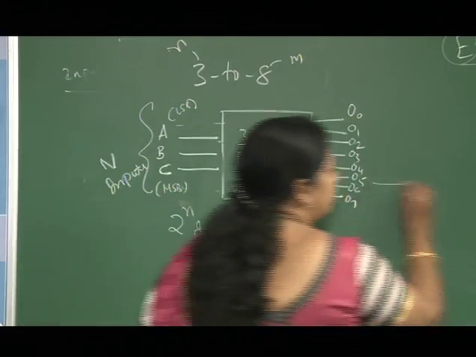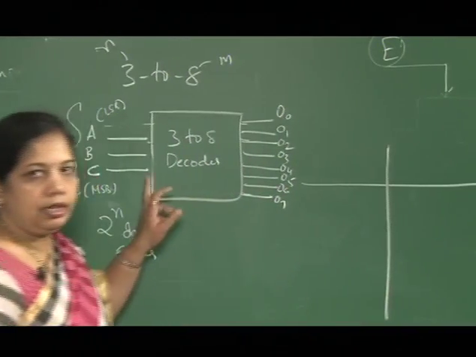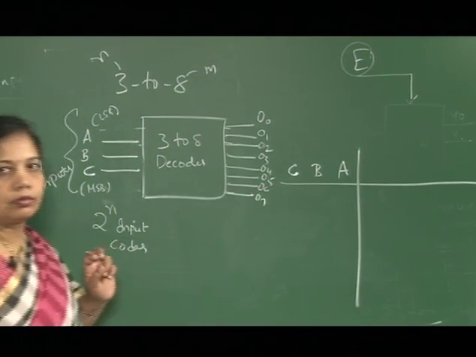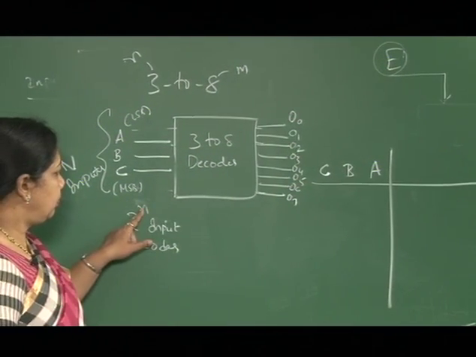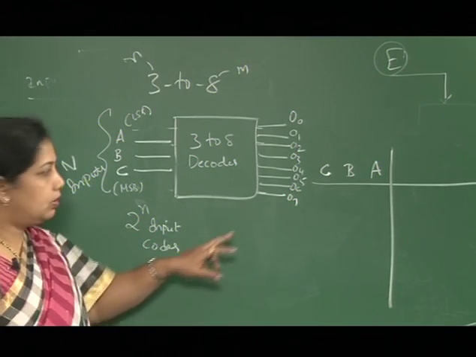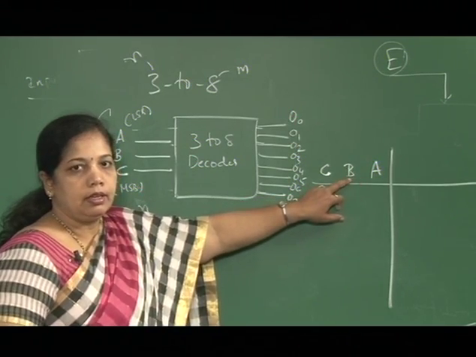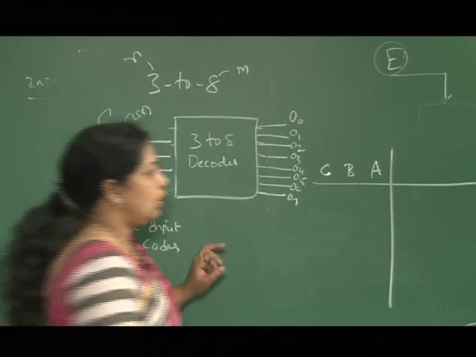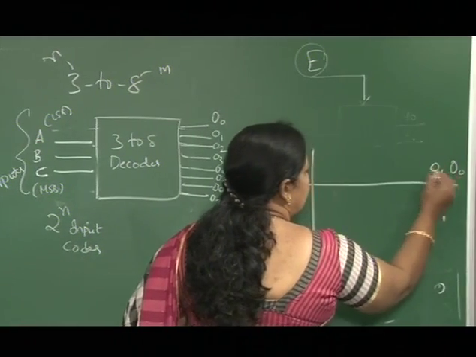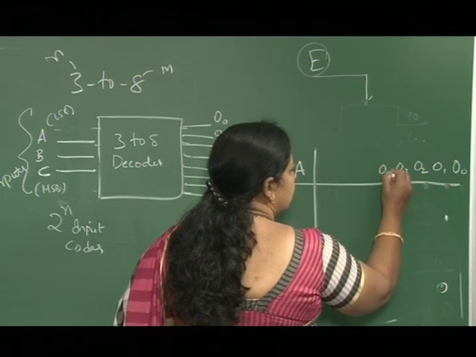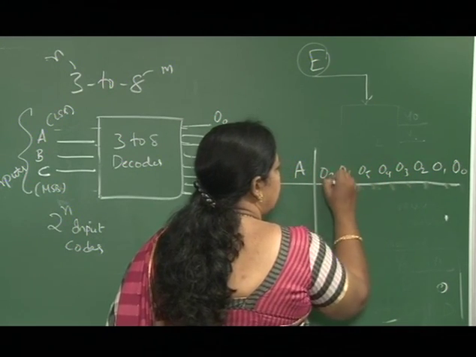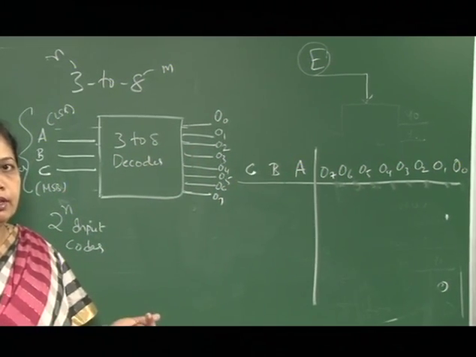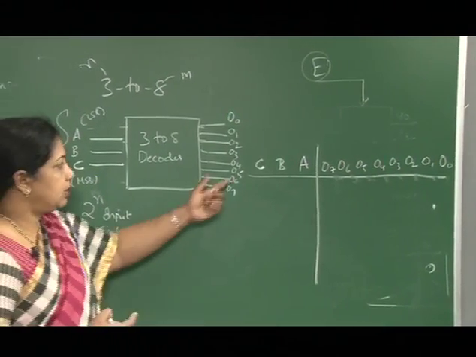So how do I write the truth table for this? I write 3 inputs. So we have 2 to the power of n input codes here. So A is LSB, then B, and C is MSB. I have 8 outputs, so I am going to write here O0, O1, O2, O3, up to O7. 0 to 7, that is nothing but 8 outputs. So we have O0 to O7, 8 outputs, and 3 inputs.